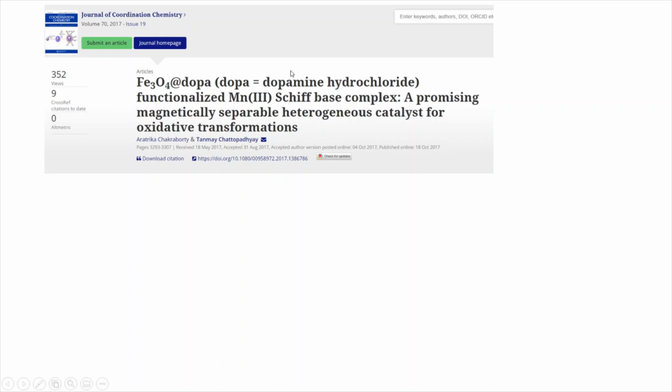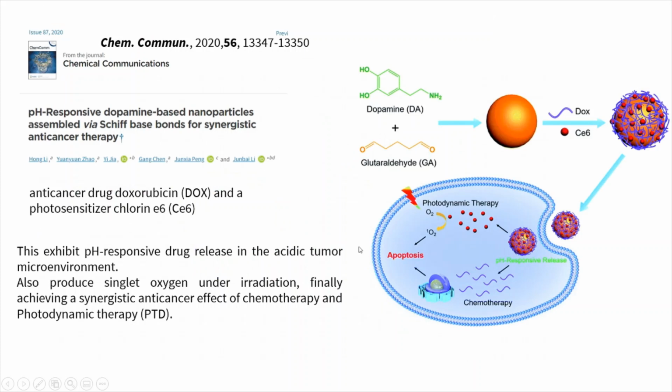It is a really interesting paper on this promising magnetically separable catalyst, which means you can separate your catalyst by using a magnet. Heterogeneous means the catalyst will be in solid form, and the product will be in the solution, so you can easily separate those compounds.